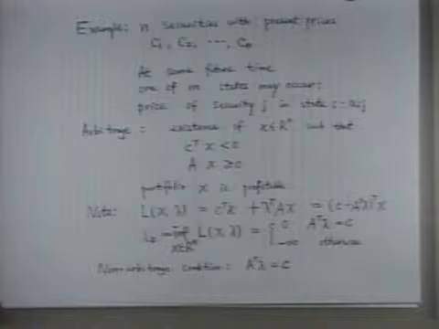Is this an optimization problem? Not really. But if you want, you could say, well, I want to minimize C transpose X such that Ax greater than or equal to 0. Okay? So then it becomes a standard linear program.